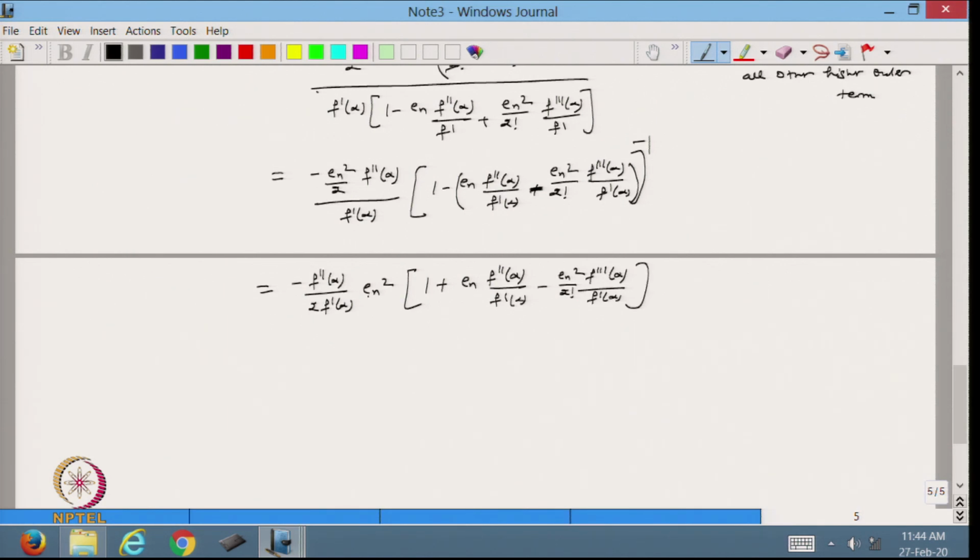Now, if I multiply these terms inside, then this will be a cubic, this will be a 4th power. So, from here I will get only one term, that is f double dash alpha by 2 f dash alpha En square. So, this can be written as En plus 1, ignoring all the terms.